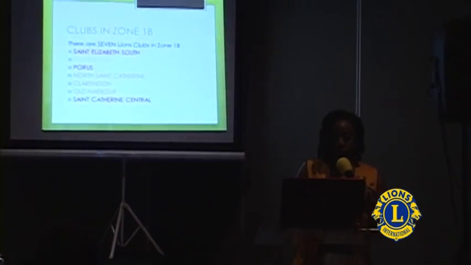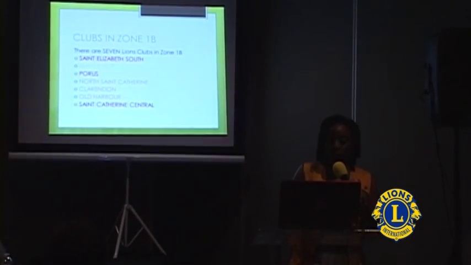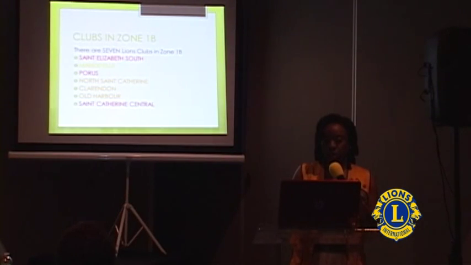There are 7 clubs in Zone 1B with 205 lions. For service activities to date, the clubs have completed a total of 39 projects with a cost of $5,326 and have impacted some 847 persons and expended some 235 man-hours.